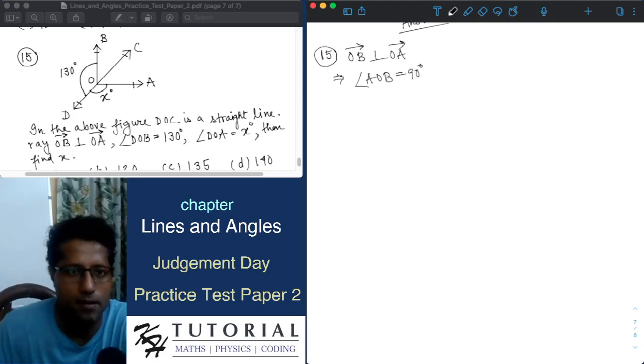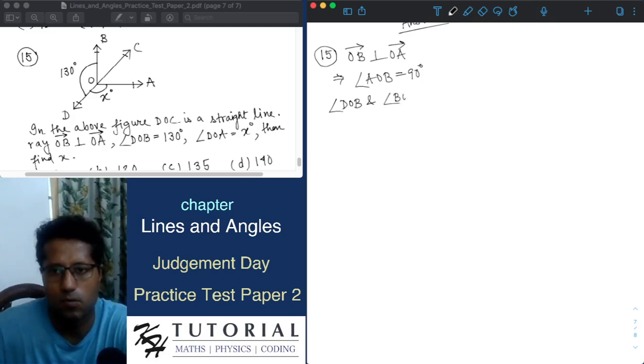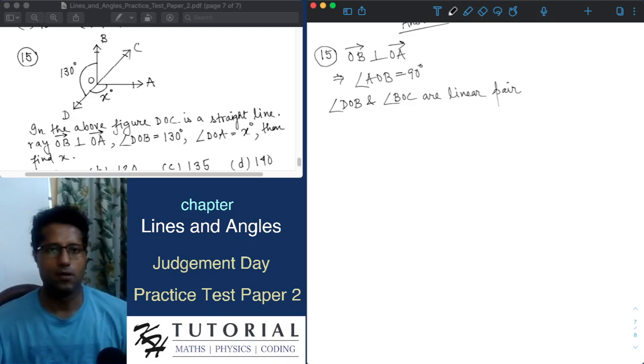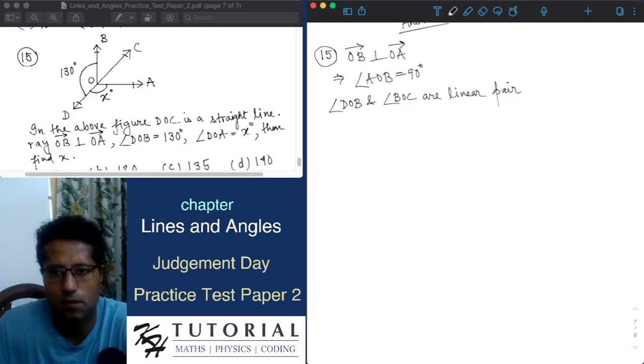Now also the angle DOB, 130 degrees, and angle BOC are a linear pair, because they lie on the same side of the straight line DC. This implies angle DOB, and we know that the sum of a linear pair of angles is 180 degrees.